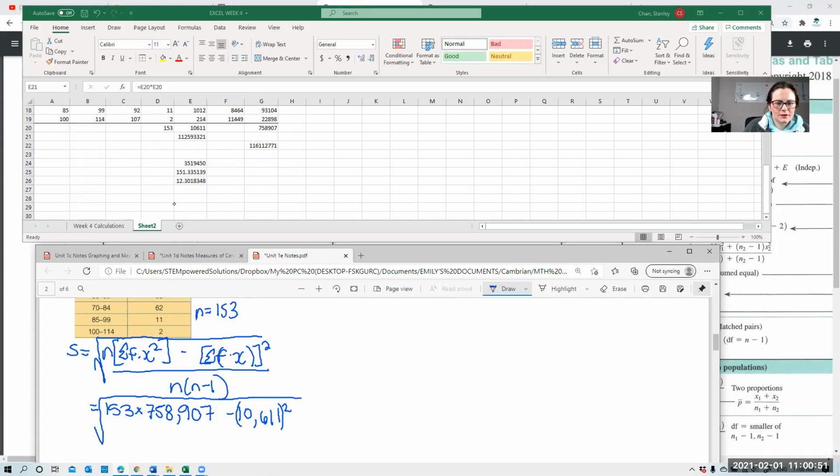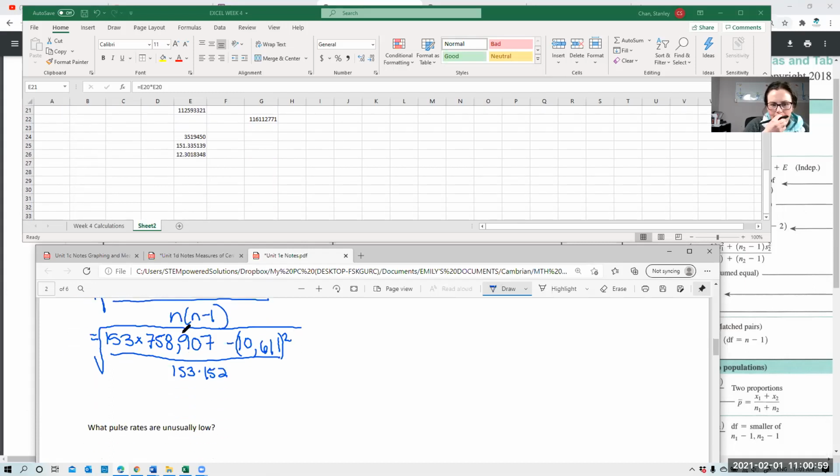Those two are subtracted, and 153 times 152 is on the denominator. All of this comes down to 12.3.